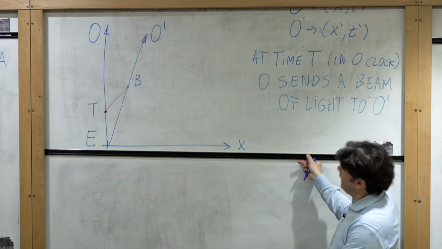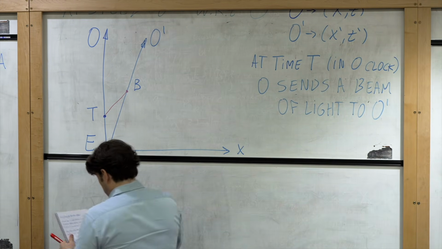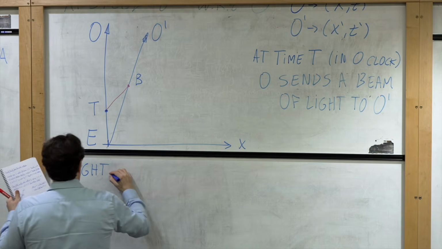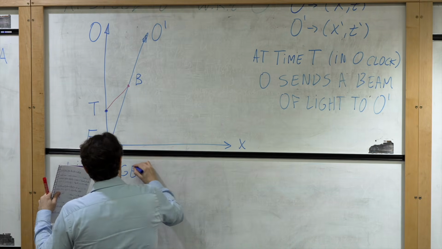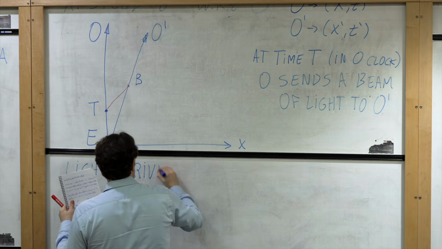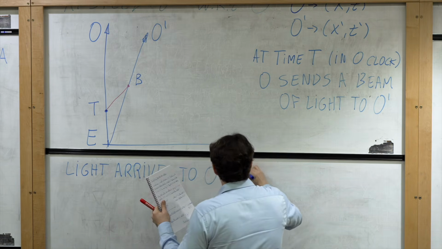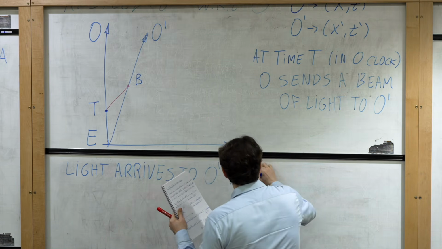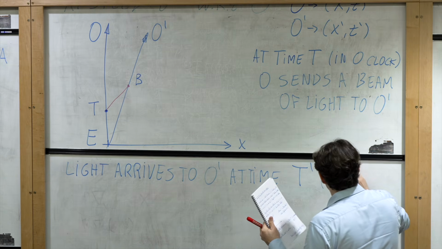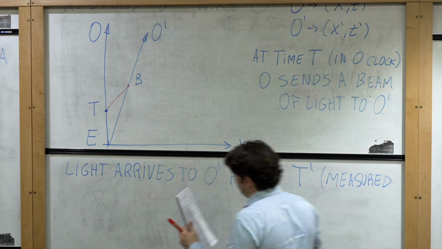Now, suppose in this picture that the light arrives to O prime at time T prime, measured by O prime.